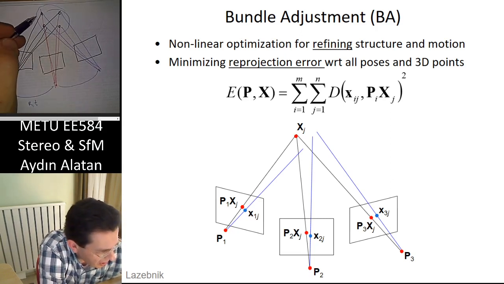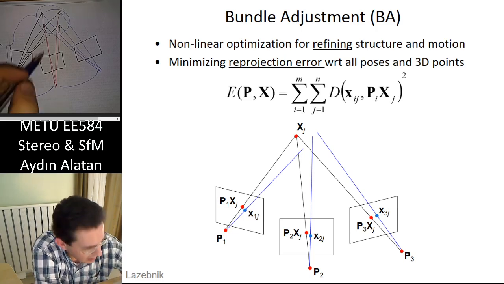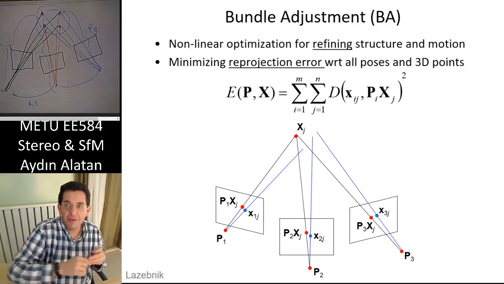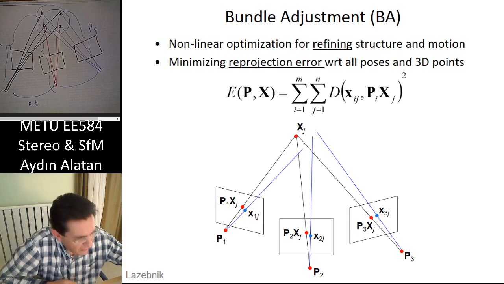In other words, the projection matrix P1, the projection matrix P2, and the projection matrix P3. That's what I'm trying to obtain. I'm going to have a single cost function.